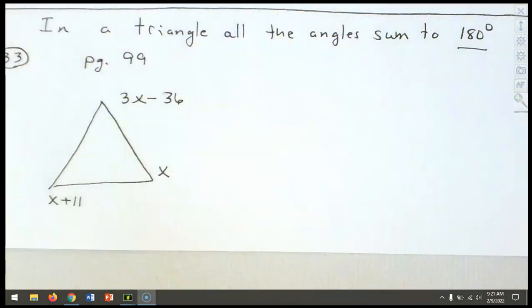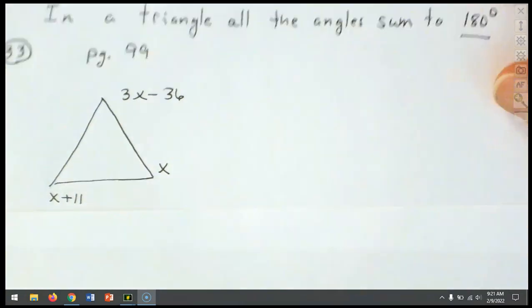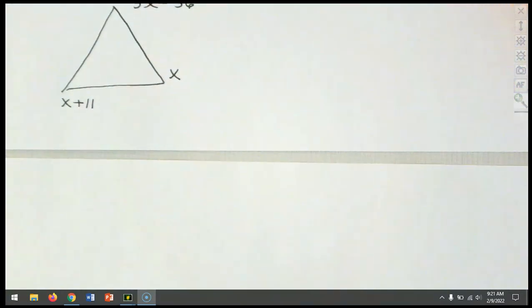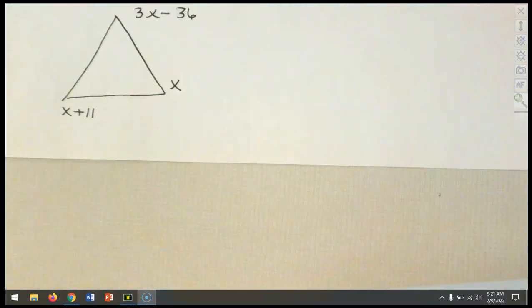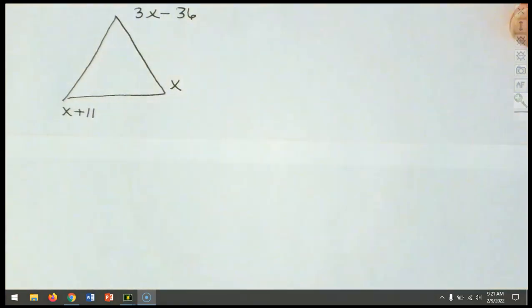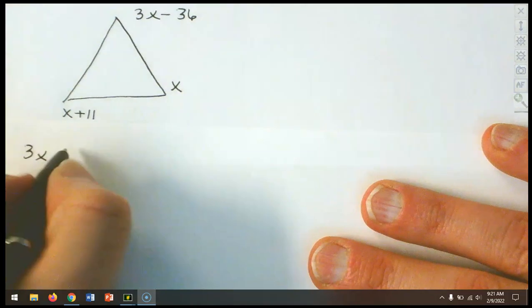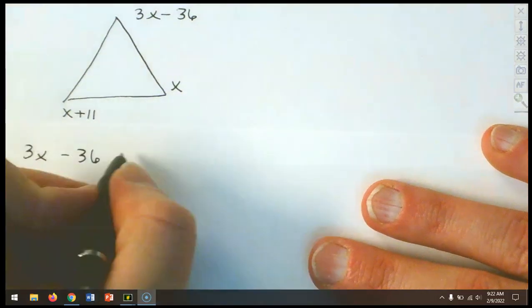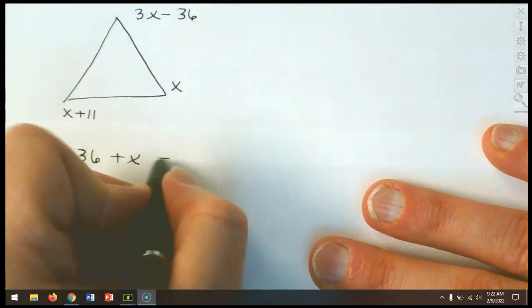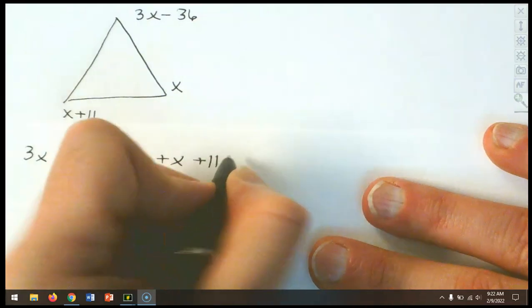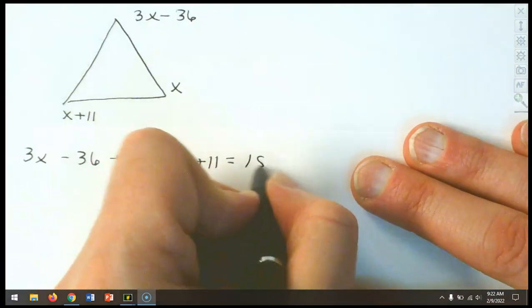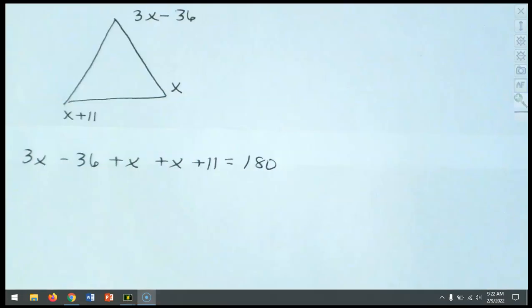What do we know? We know they add together to give you 180. So don't make it any more difficult than what it needs to be. You just sum together to give you 180. So 3x minus 36 plus x plus 11 equals 180. Simple enough. They always equal 180.